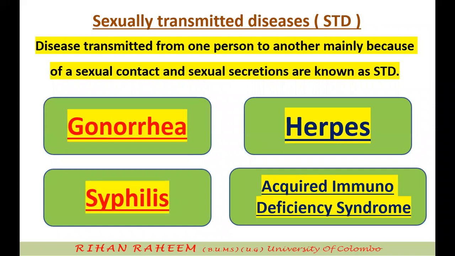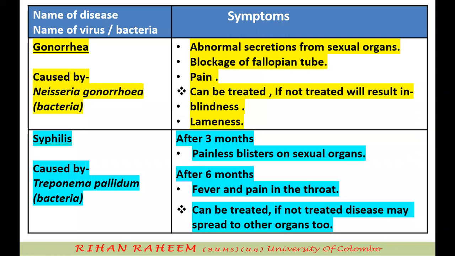This virus or bacteria will be in the body of a person having an STD, and if that person has sexual intercourse with another person, the other person will get it, and then another person will also get it. So that's why they say unwanted sexual relationships should not happen. Some countries where all this is openly and legally happening have so many patients with these diseases.